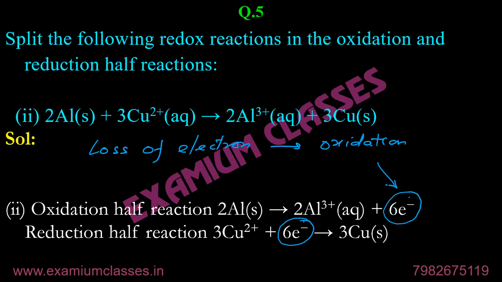Sometimes the reaction might not be given, and you might just be told that it loses a few electrons. It means that part is oxidation. To remember that, the term, which obviously does not exist, is loxidation. Loxidation means loss of electron is oxidation.